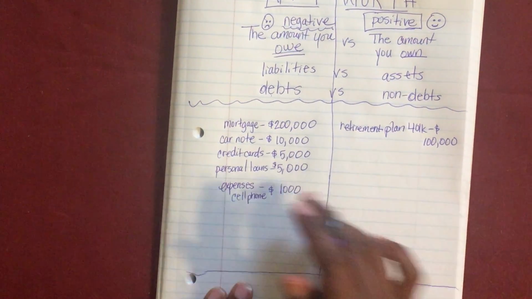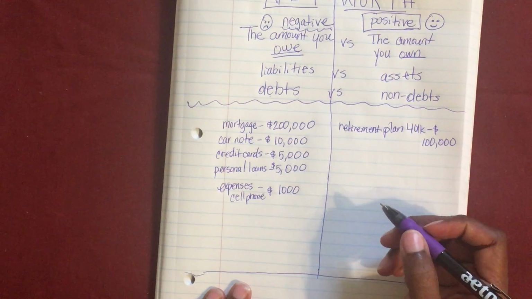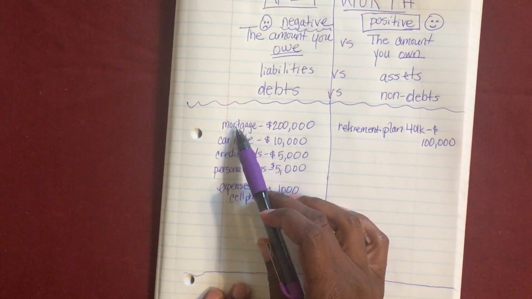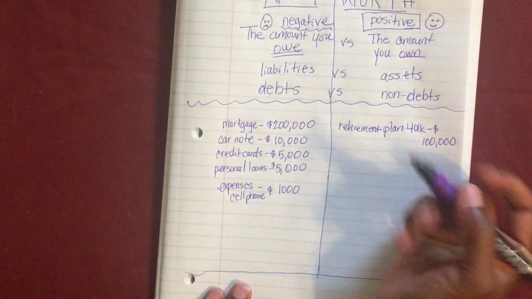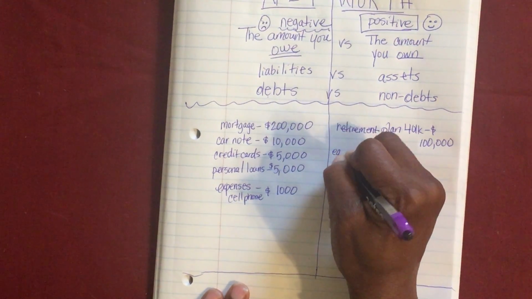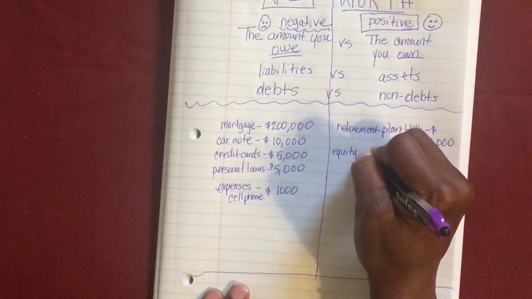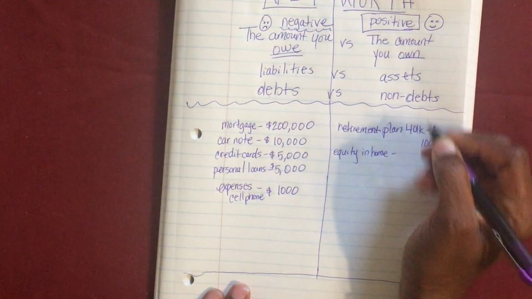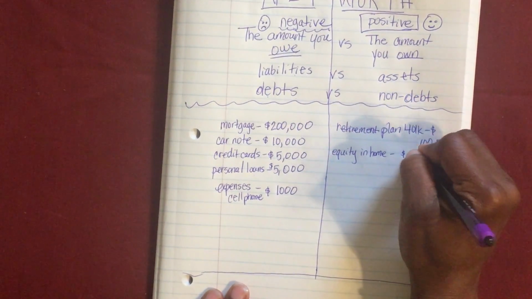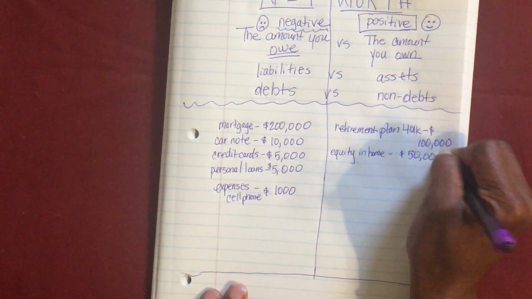Okay. Let's see some other items that you have. Now, you can still have a mortgage, but you can have some equity in your home. So let's say that you have equity in your home that totals $50,000. Okay.